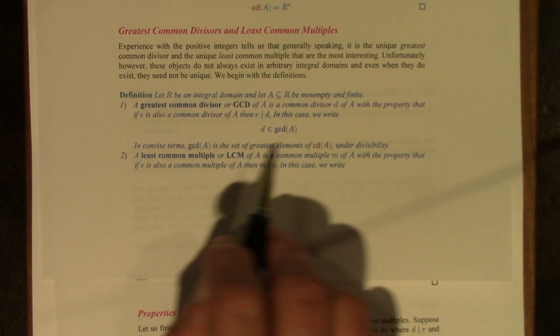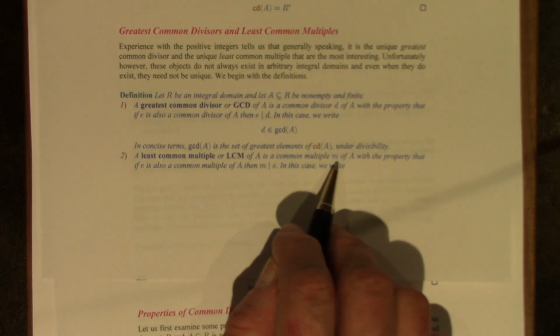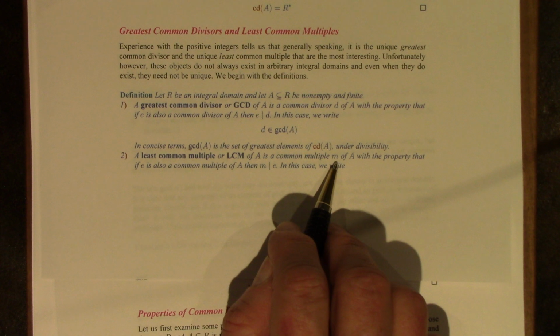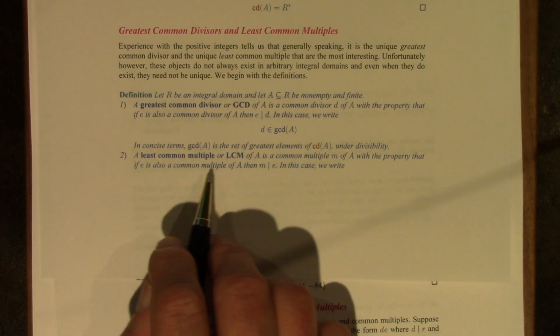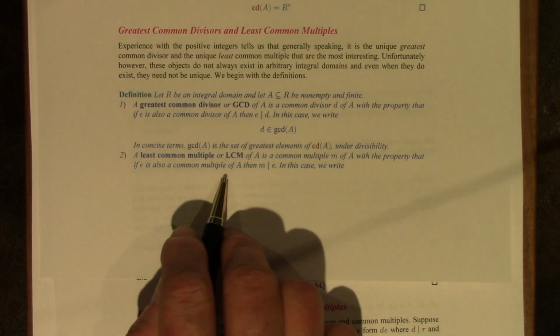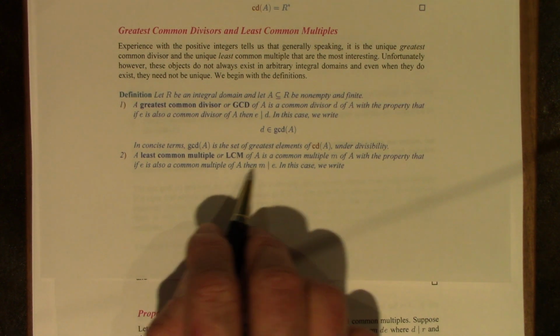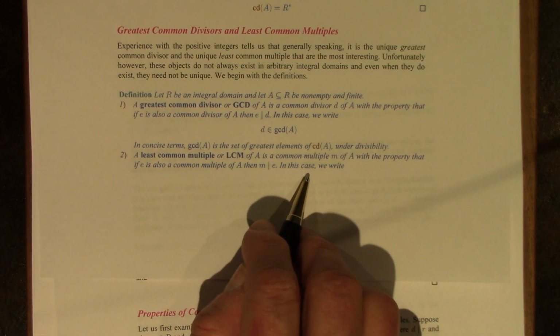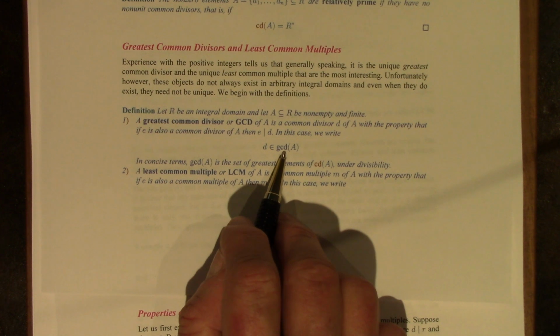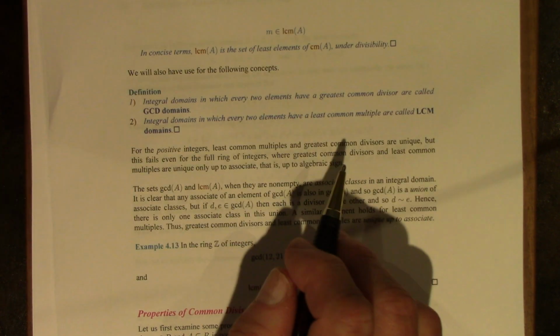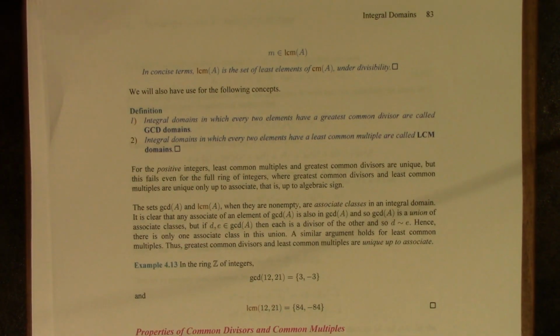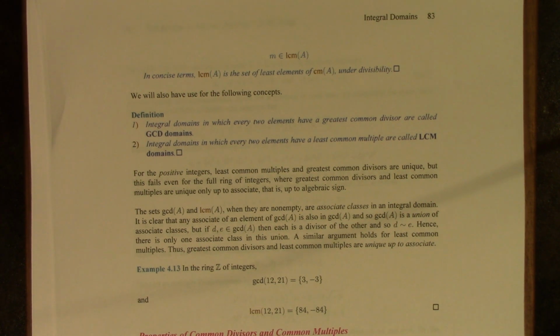A least common multiple of A is a common multiple of A, call it M, with the property that if E is also a common multiple of A, then M divides E. We'll use the usual notation, GCD of A and LCM of A, for these two sets.